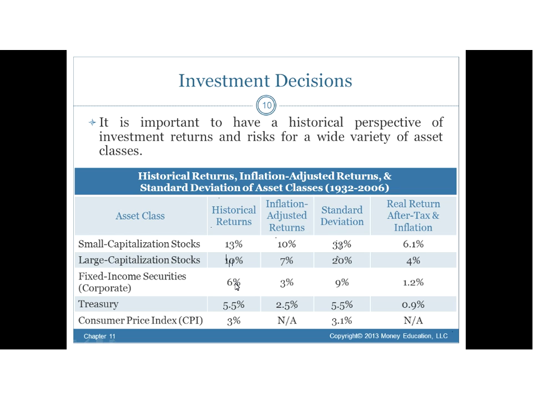Aggregate corporate bonds have averaged 6% with a 9% standard deviation, a little lower. Treasuries, backed by the full faith and credit of the United States government, have averaged 5.5% return with about a 5.5% standard deviation.